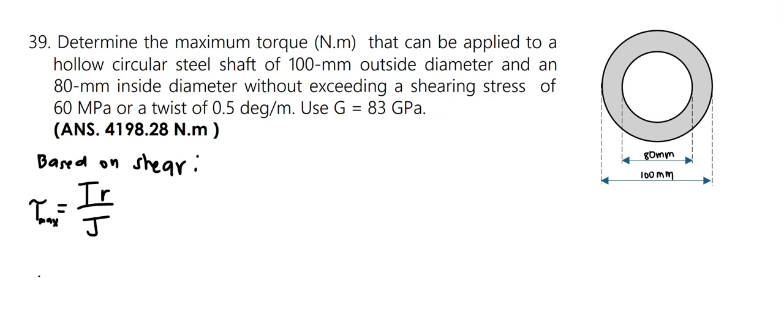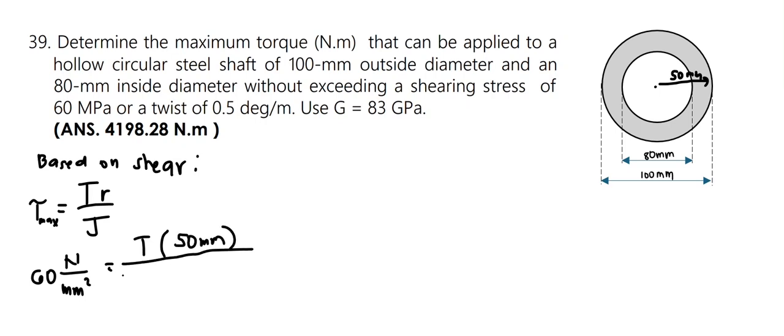We have the shear stress equal to 60 megapascals or Newton per millimeter squared equal to the torque T, which we need to solve, multiplied by the outer radius that is equal to 100 divided by 2, that is 50 millimeters, divided by the polar moment of inertia.